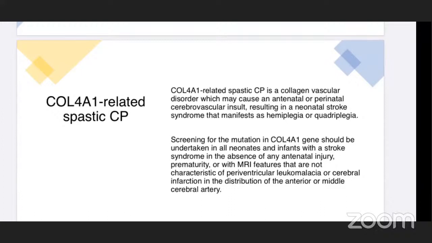Screening for the mutation in this gene should be undertaken in all neonates and infants with a stroke syndrome in the absence of any antenatal injury and prematurity, or with MRI features that are not characteristic of PVL, cerebral infarction, and the distribution of the anterior or middle cerebral artery.